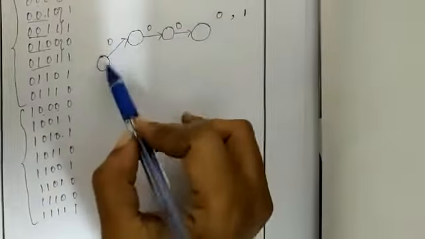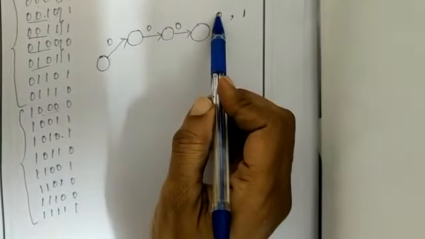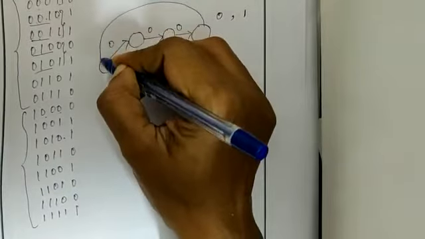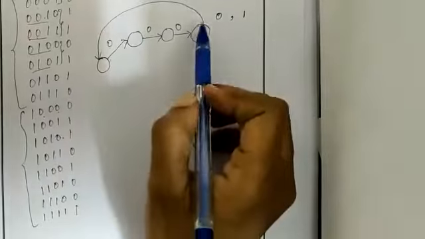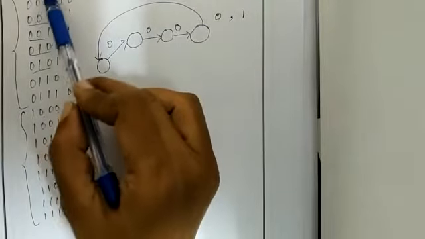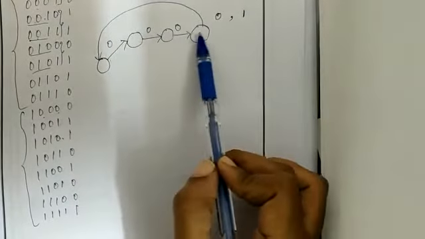So I am reading the first 4 bits 0000. Again I'll come back to my initial state to read the next set of 4-bit numbers. So I'll make a loop here.